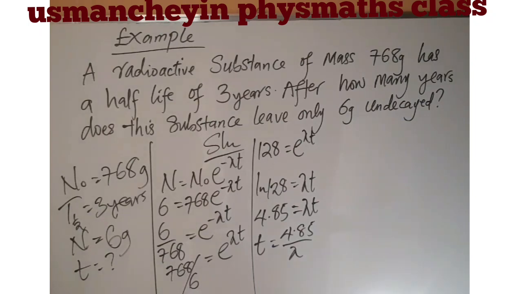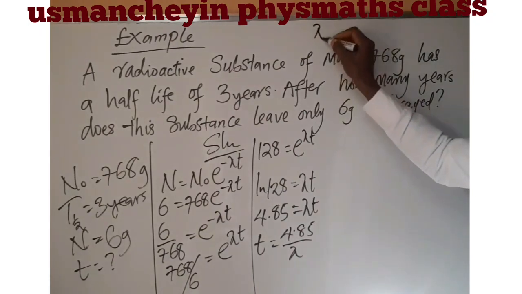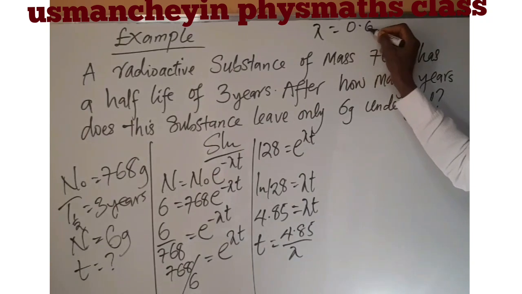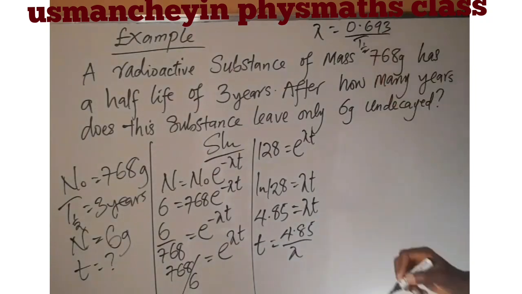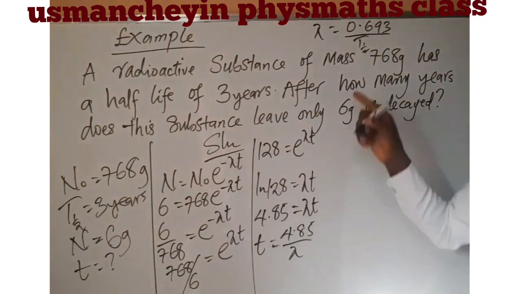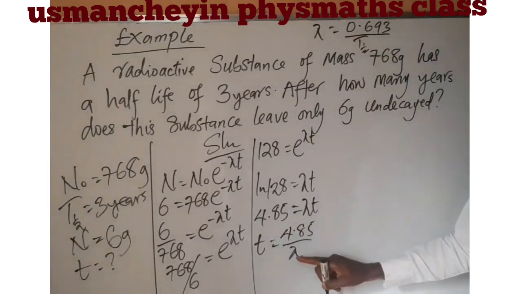So we fall back to what we proved in the last video. We said that lambda is equal to 0.693 over half-life. We substitute this into the equation, instead of writing lambda.